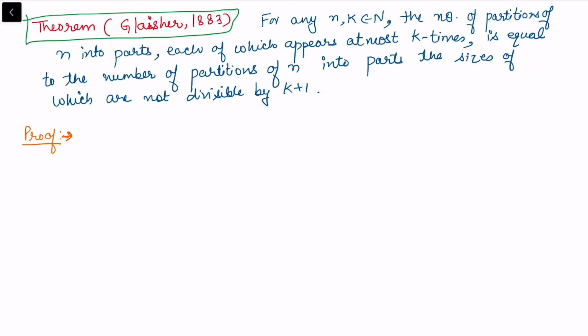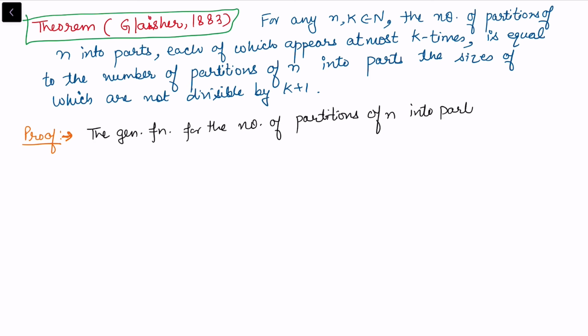So we look at the proof of this one, which is an extension of the previous case only. Here we will start with the generating function for the number of partitions of n into parts, each of which appears at most k times.